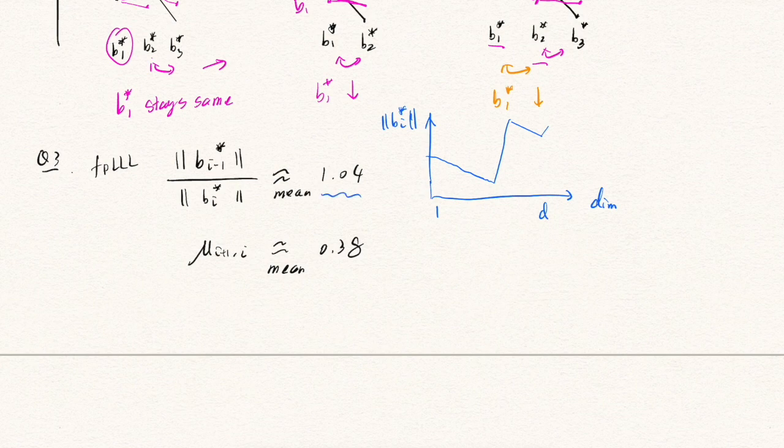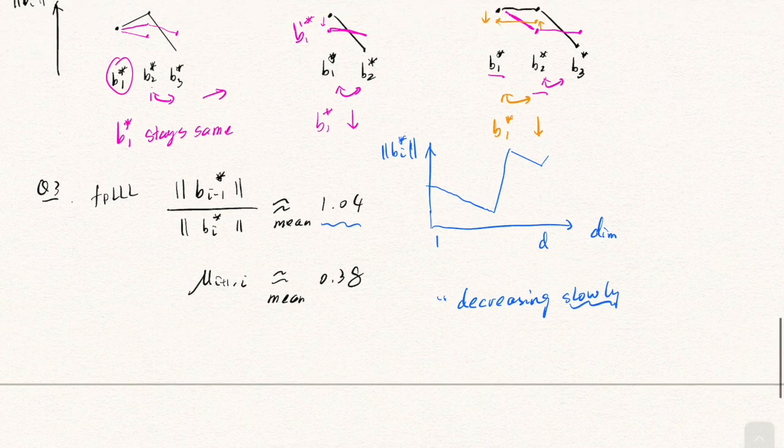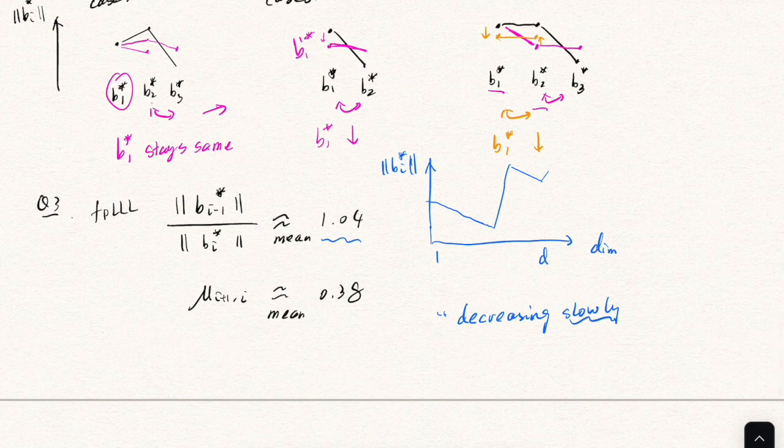The fact that the mean or average ratio is 1.04 means that most of the time you can interpret it as decreasing slowly. And this slowness is because I don't want it to drop too sharply. This is governed by the delta most of the time.